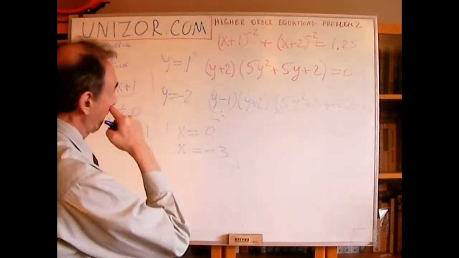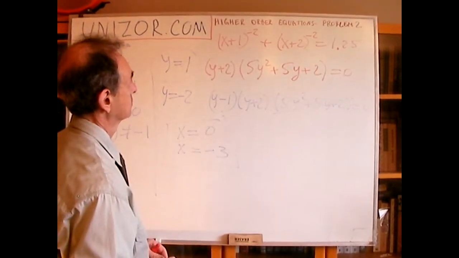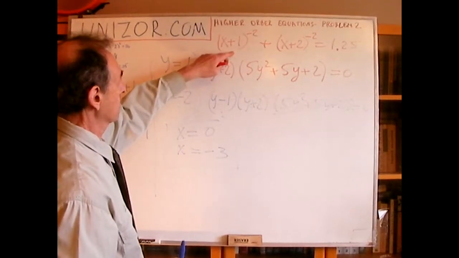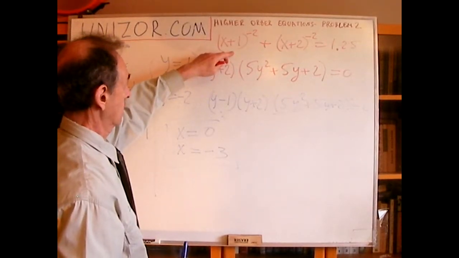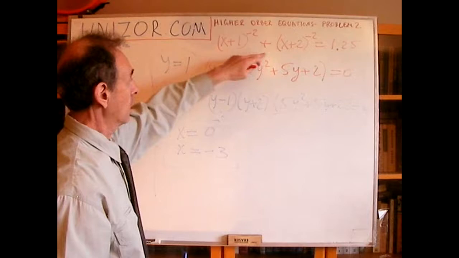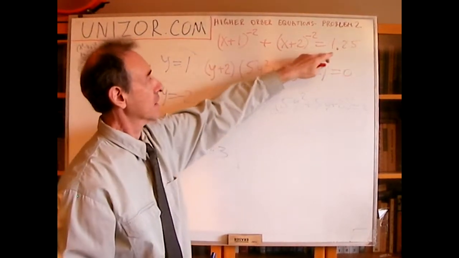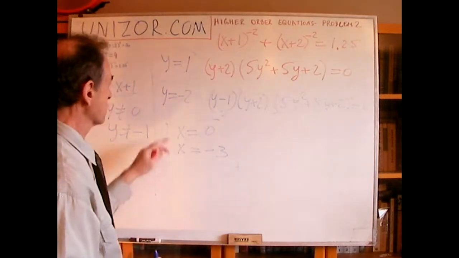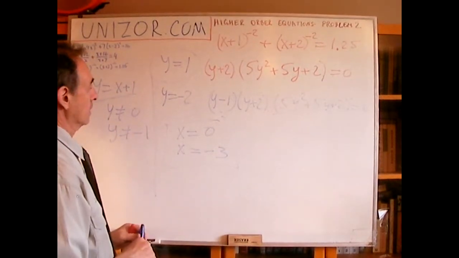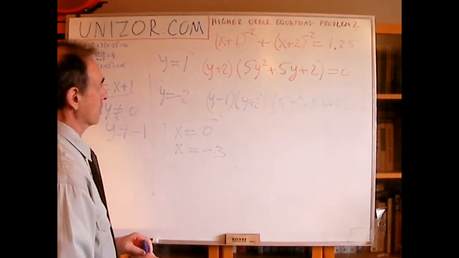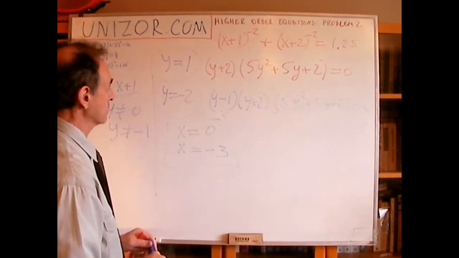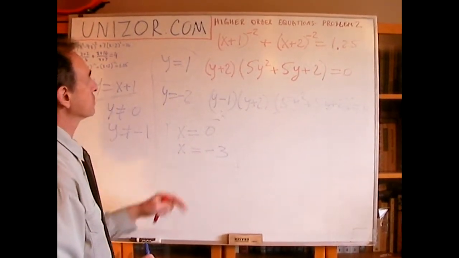Okay, 0. Well, this is 1, and this is 1/4, and that gives me 1.25. So 0 is really the solution. We just checked it out. That's fine.